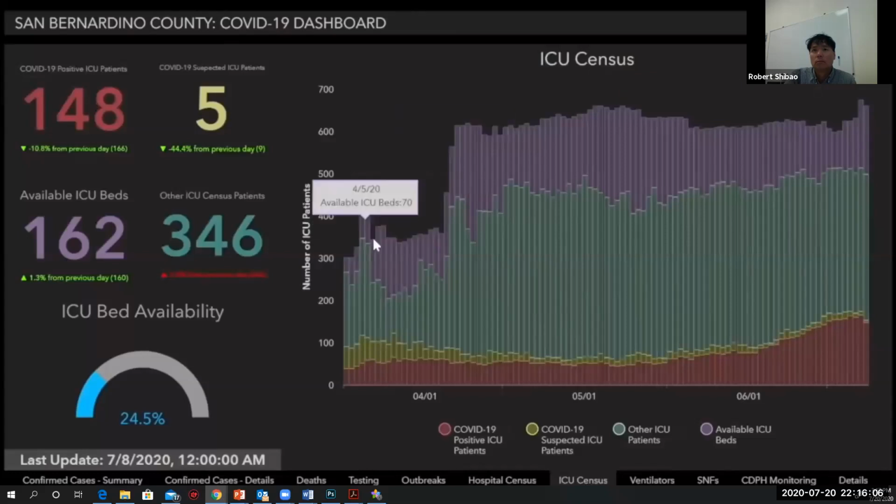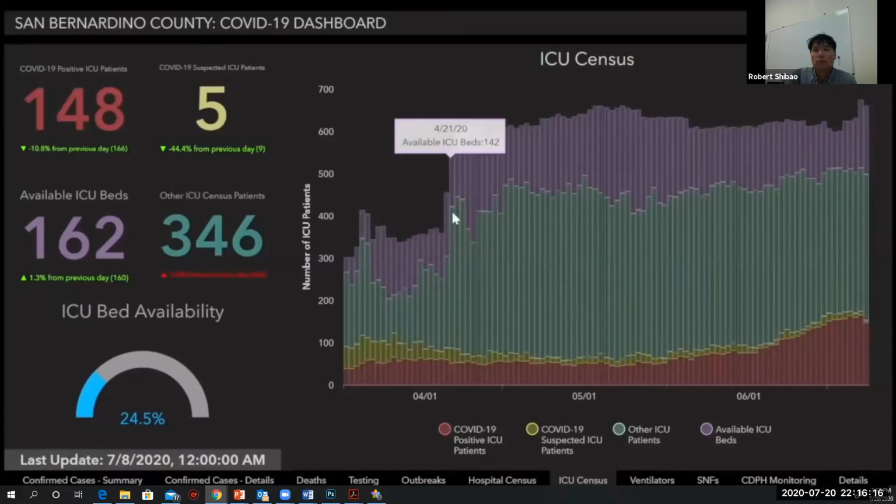In terms of ICU census, these purple lines represent the available empty ICU beds. You can see here that in the beginning of April, we increased our capacity county-wide to take care of patients. You can see if we hadn't done that, we would be in dire straits at this point.